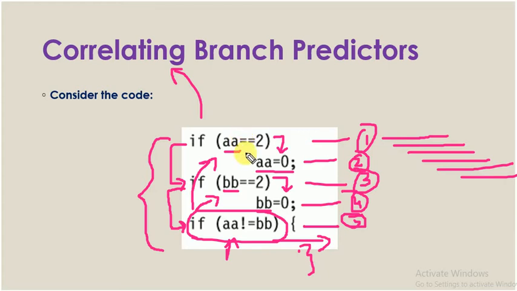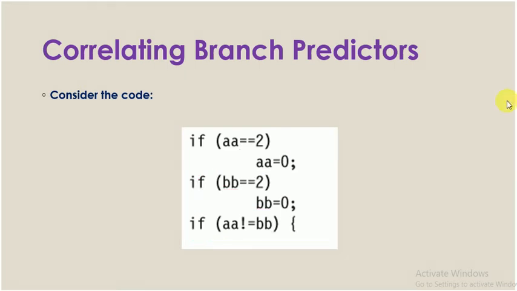Okay, so just for giving some more understanding of the same correlating branch predictor, we will convert this code into a MIPS instruction set format. Then we will give some explanation on the same thing. So just remember, if A equal to 2, A equal to 0. If BB equal to 2, BB equal to 0.